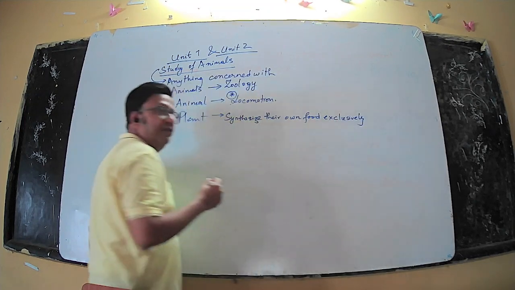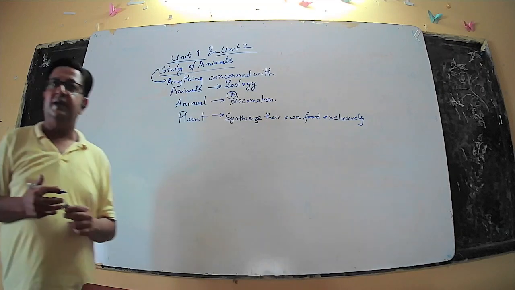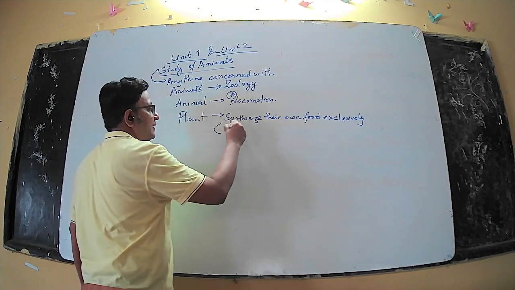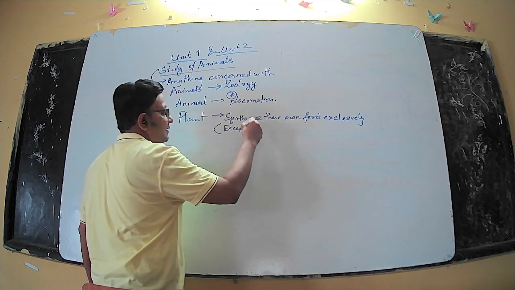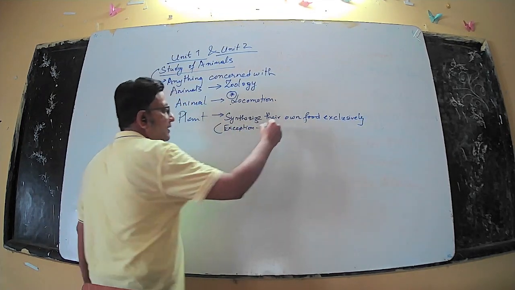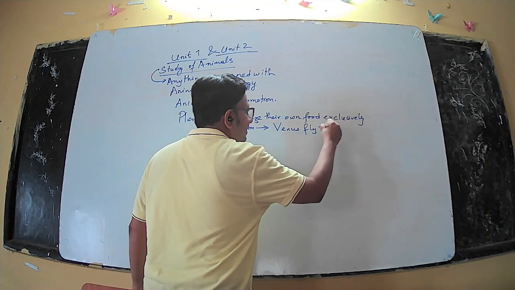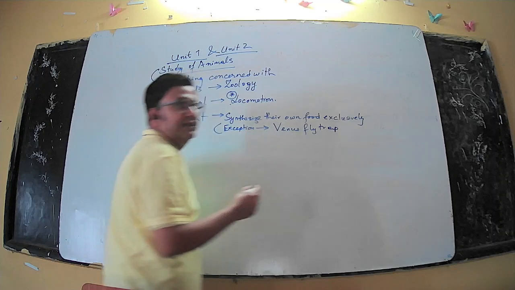They are autotrophic. They make their food, or there are exceptions. Exception is your Venus flytrap and insectivore plants.